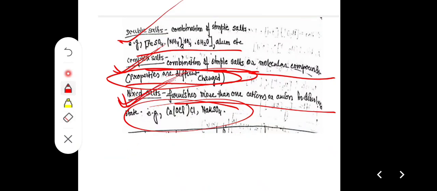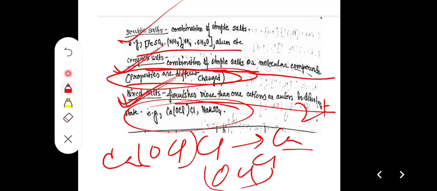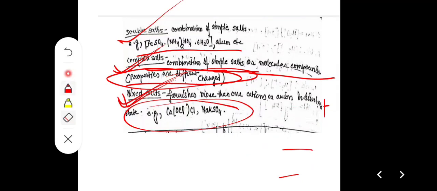For example, CaOCl2 produces Ca2+, Cl- and OCl-. So they are termed mixed salts.